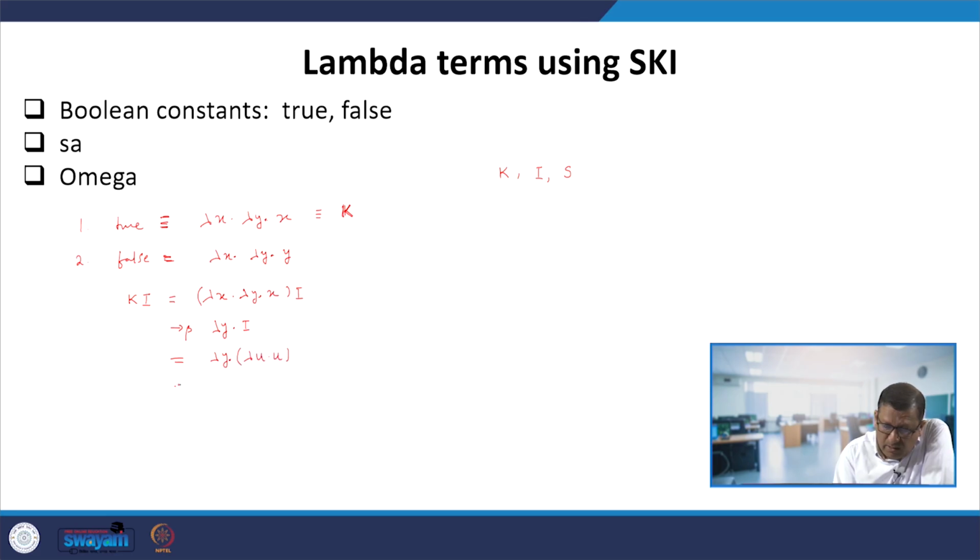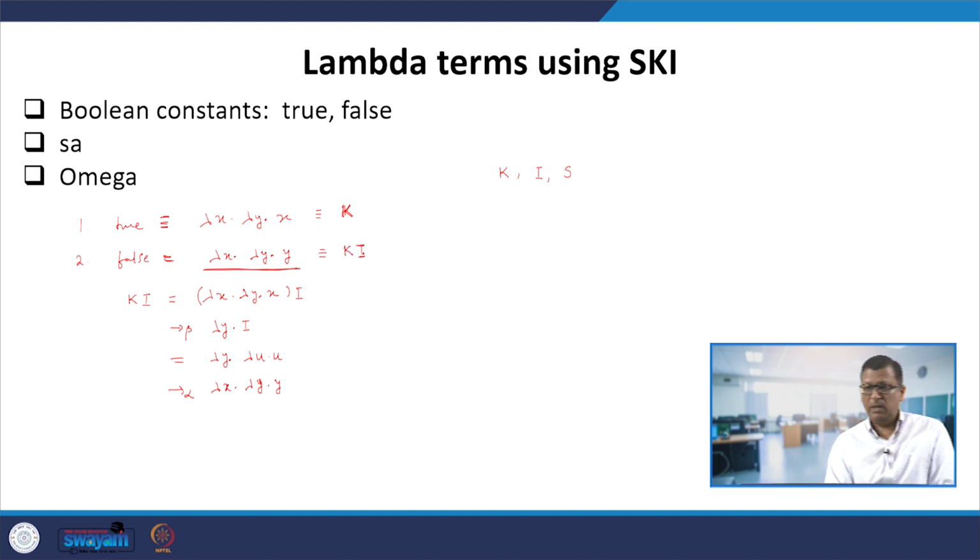Then we can rename by alpha renaming, making this x, which does not occur here, so this is y and this is y. So this is then our false.